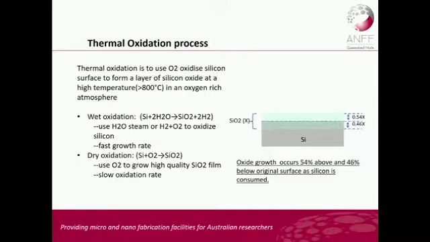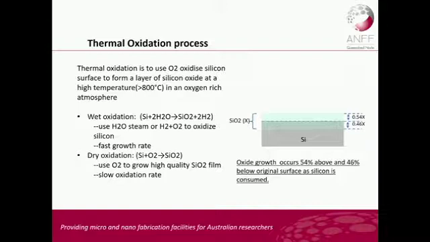The wet oxidation process usually uses water steam, or you use hydrogen and oxygen reaction to produce the water steam. This gives you much better quality. And wet oxidation usually has a faster growth rate, while for dry oxidation, the oxidation rate is very low.